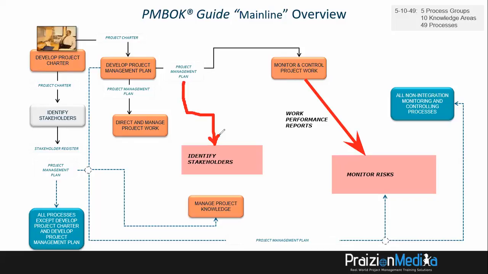Now you might say, but wait, isn't that meant to be initiated? It is. But remember, the project management plan is used also in identify stakeholders when you have gone downstream in the project and you're doing this for the second or third time. Think about that. See? And identify stakeholders is going to give you a stakeholder register.